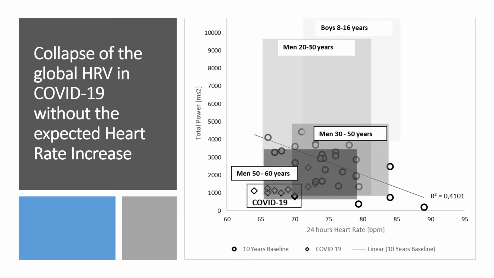The special circumstance of this publication is that we have baseline HRV data from 24-hour ECGs from 10 years before the disease, and we clearly see the collapse of the global HRV in this man, with very low heart rates and very low heart rate variability.